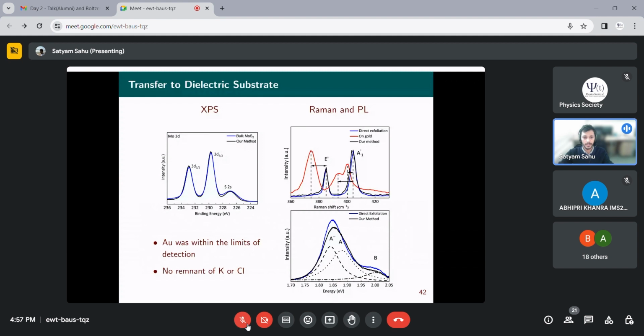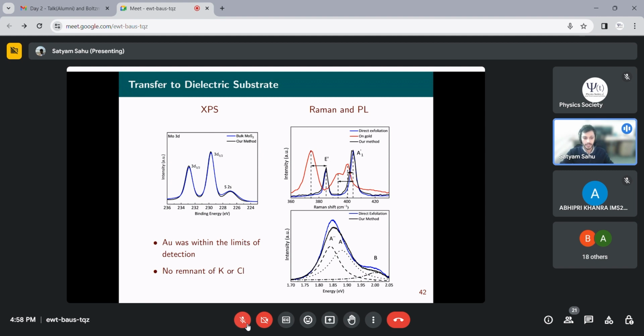Then we also tried to see if there are any changes in the properties. On the left side I show the XPS, which is X-ray photoelectron spectroscopy spectrum. In this technique you try to see the amount of molybdenum atoms or sulfur atoms, or what kind of atoms you have in your material system.